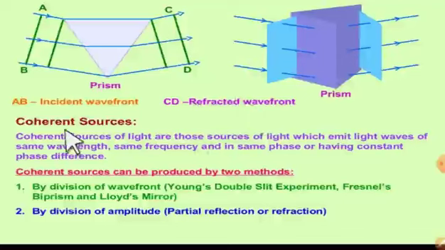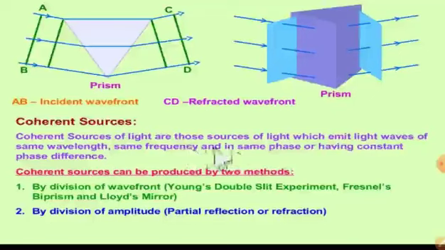Now let's take up the coherent source. What is meant by coherent source? Why are we taking this? Because to know about coherent sources is essential, as we need it in the case of interference. For interference to take place, we require coherent sources.